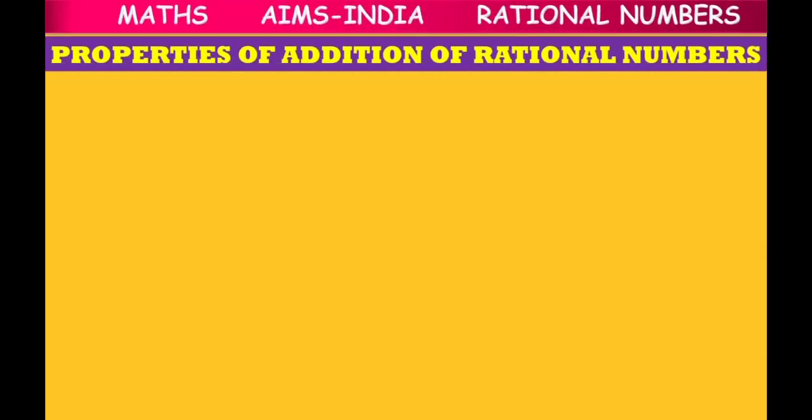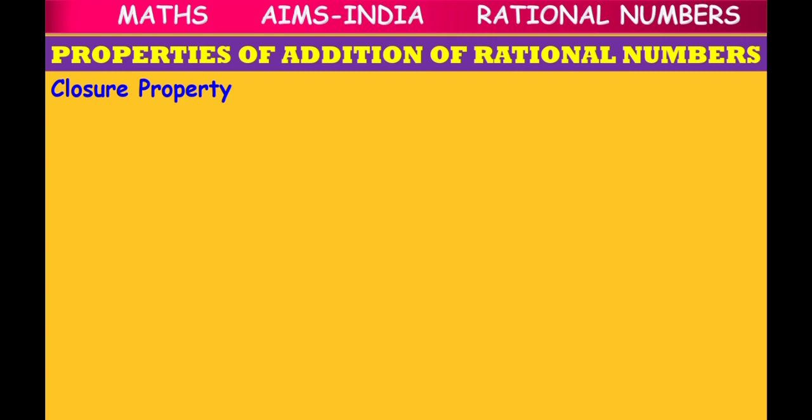So here, now we have learnt addition of rational numbers, case 1 and case 2. Two cases we have learnt. This addition of rational numbers follows some properties. Now we are going to learn about those properties. So what is the first property, children?